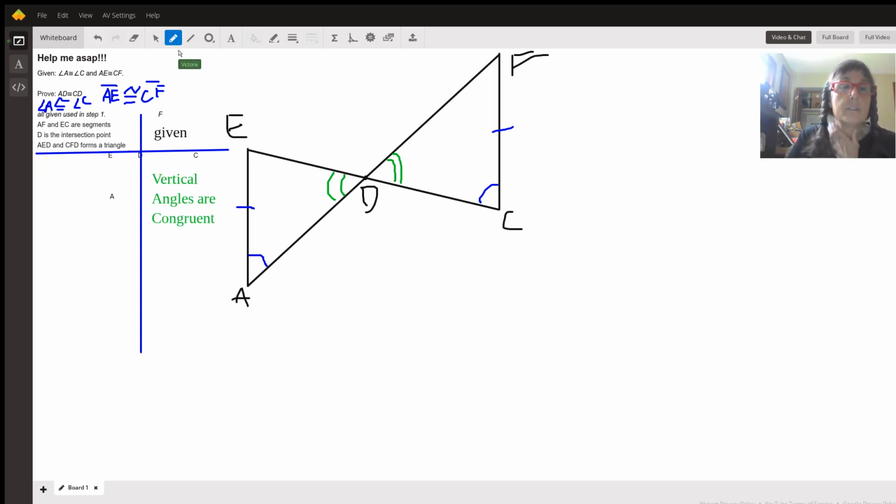Okay, and we're going to have to write these out because there's 4 angles at D, so we can't just do angle D. So we're going to have to say that angle EDA is congruent to, sorry, I can't fit it on this line, angle FDC.